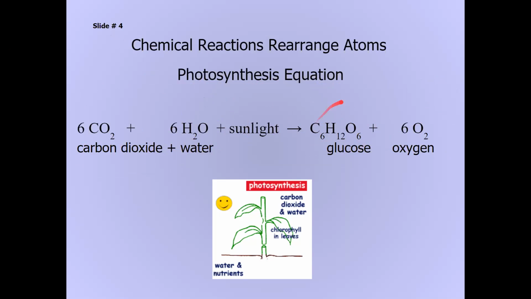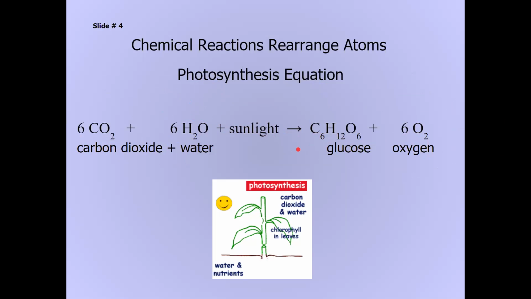Two different compounds, C6H12O6 and O2 for the oxygen. So again, reactants, they react together. Products, what are produced. We're going through a chemical change here, right? We end up with different chemicals than what we started with.